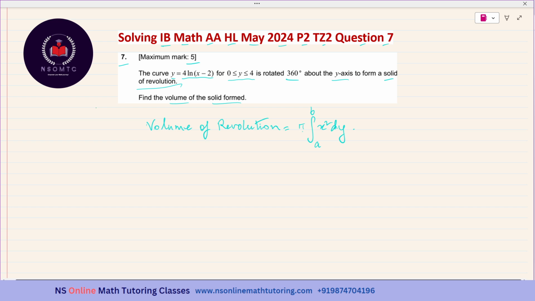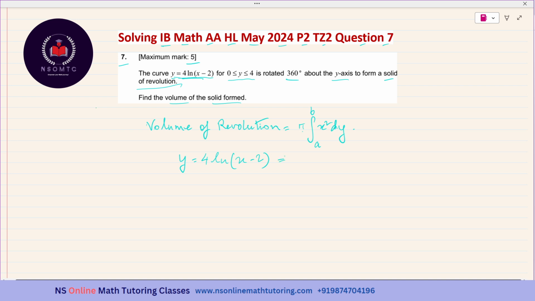So we need x squared. First of all, we need the expression for x. From here, we only have this expression given, which has y as the subject. We have to make x the subject.